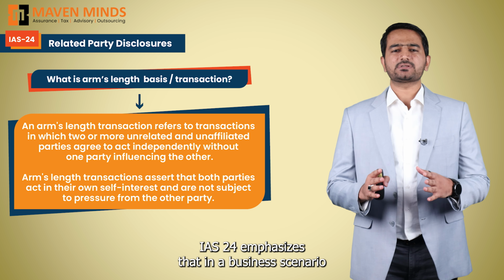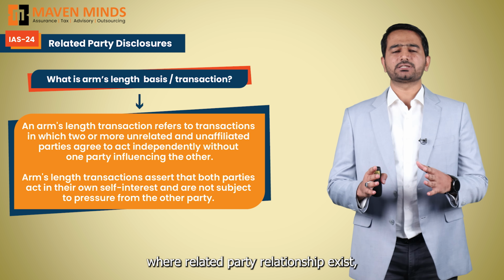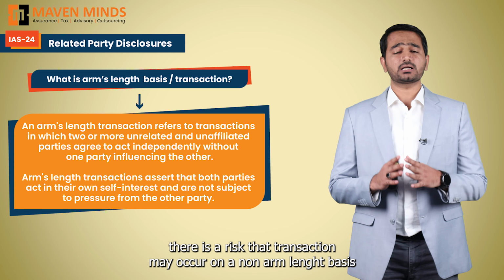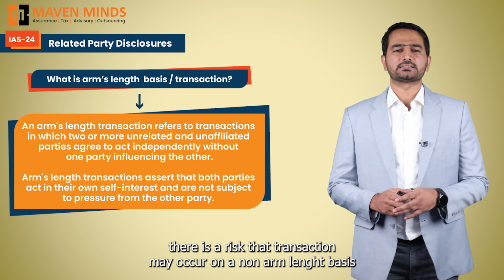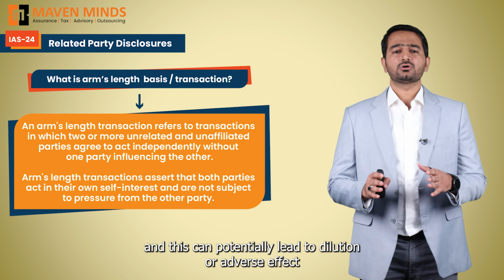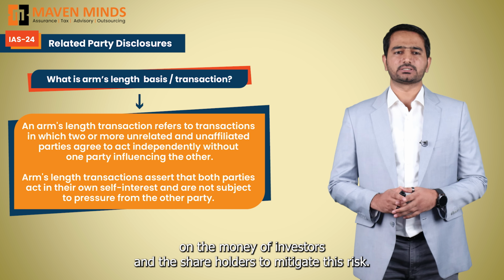IAS 24 emphasizes that in a business scenario where a related party relationship exists, there is a risk that transactions may occur on a non-arm's length basis, and this can potentially lead to dilution or an adverse effect on the money of investors and shareholders.